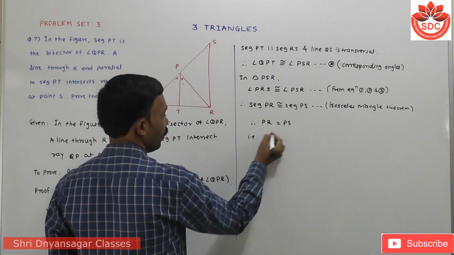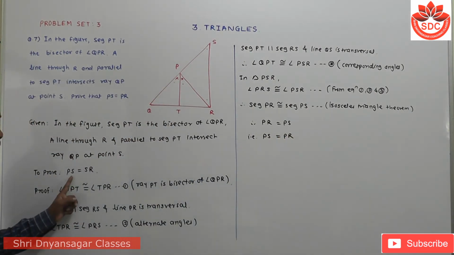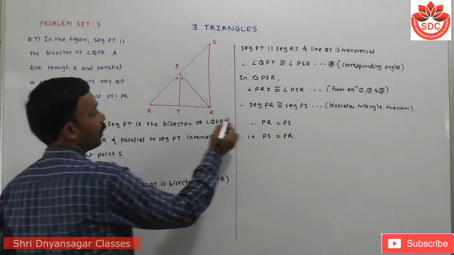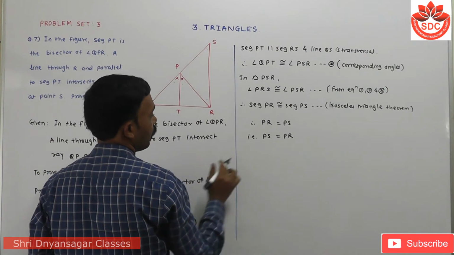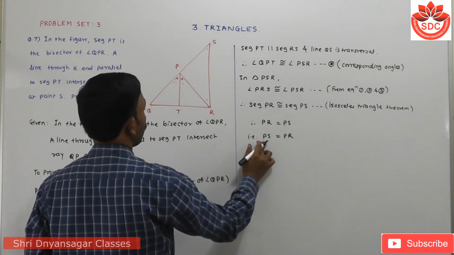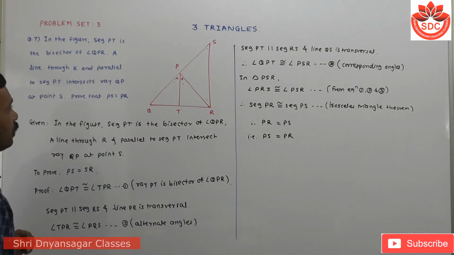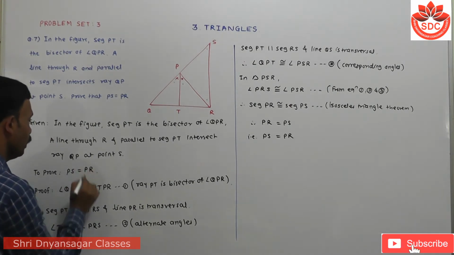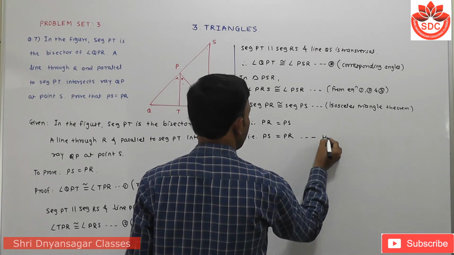That is, I have to write here PS is equal to PR. Here I have to write PR, sorry. So PS is equal to PR and hence it is true.